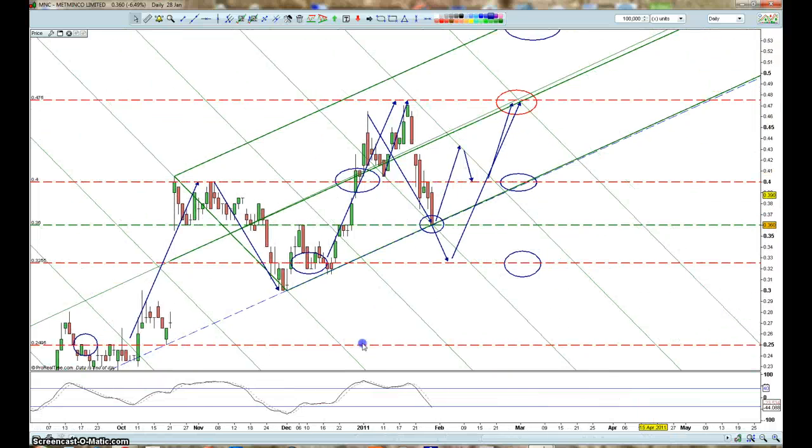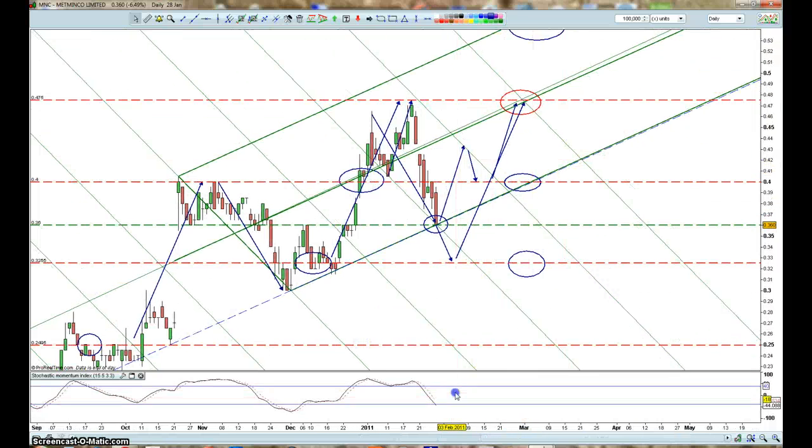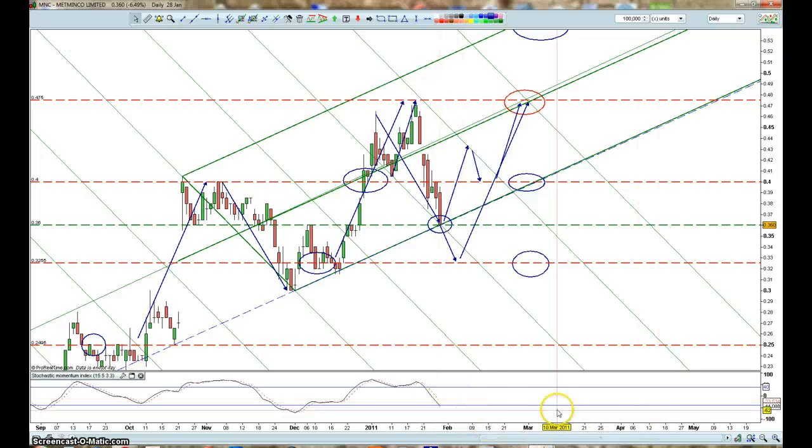So now stochastics are coming down into the oversold again. Whether you think they're going to support there at 36 or the 32.5, there's a bit of an opportunity coming there. If I was going to pick it, and try to catch a falling knife, that's where I'd pick it, because of those multiple support lines.